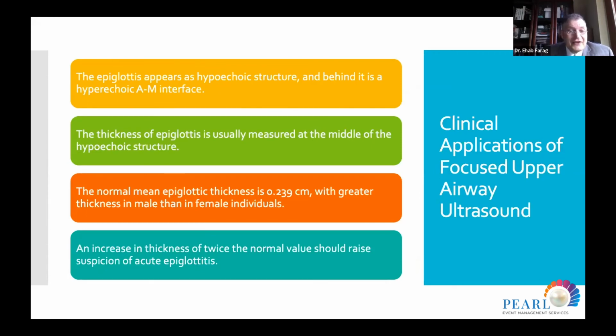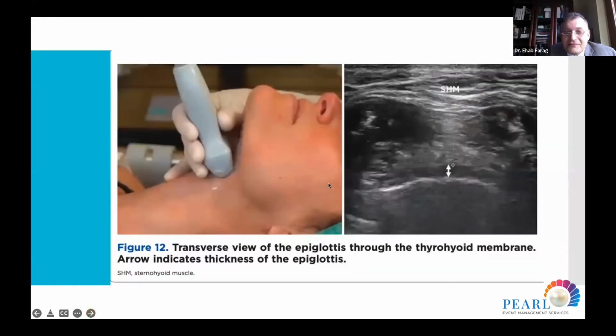Normal mean epiglottic thickness is 0.239 centimeter, with greater thickness in males than in females. An increase of the thickness to twice the normal should raise the suspicion of acute epiglottitis. Here, as you see, transverse view, linear between the hyoid bone and the upper border of the thyroid cartilage.